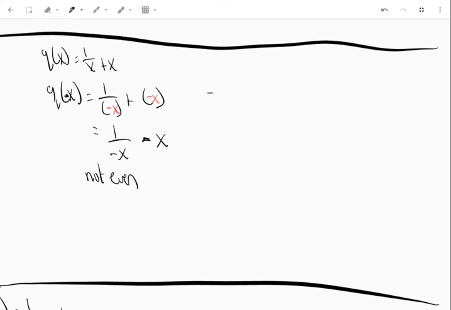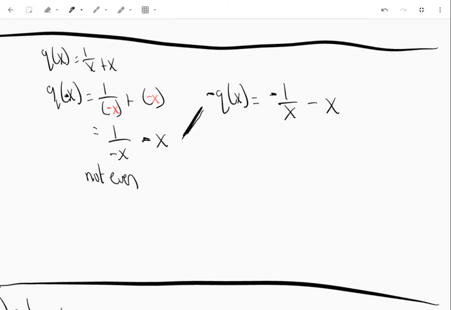So negative q of x means I'm going to go back to the original function up here, and I'm going to change each term to its opposite. So 1 over x becomes negative 1 over x. Okay? And plus x becomes minus x.